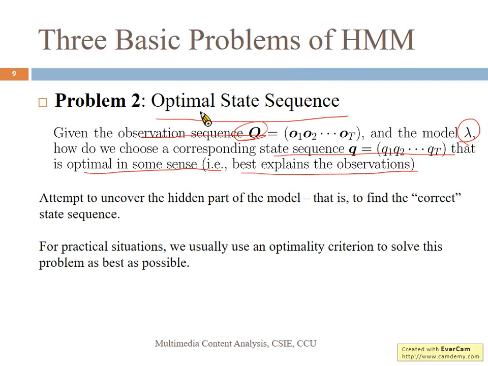So which is the optimal state sequence that most likely generates the observation sequence? So we want to uncover the hidden part of the model, that is, to find the correct state sequence. And for practical situations, we usually use an optimality criterion to solve this problem as best as possible. So this is the second important problem.